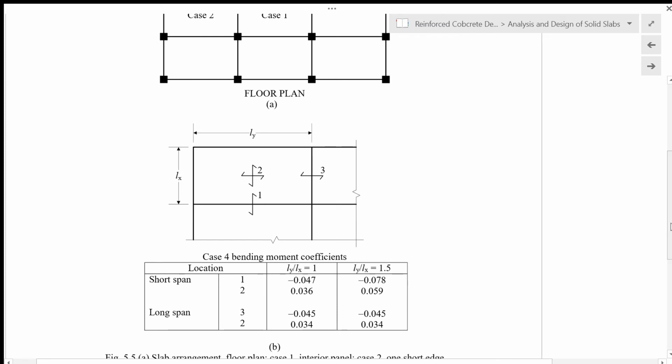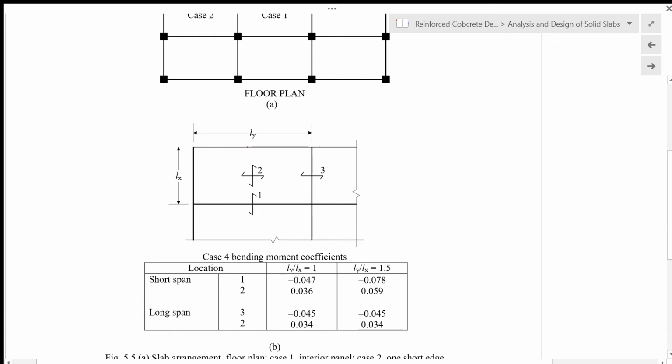So for example, we look at the case number 4 design here. We have Lx in this direction and Ly in that direction. So in this case, how do we determine the bending moments?